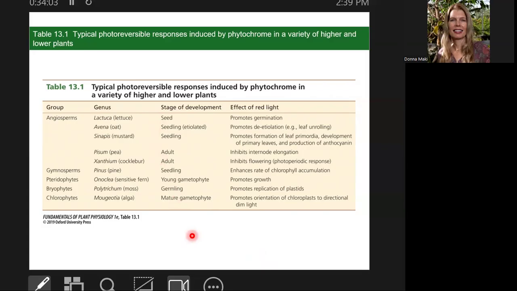And different groups of the flowers you can see on the left. So there's a variety of different responses. So we'll get into some of this as we move into the topics of how plants are growing in different environments.